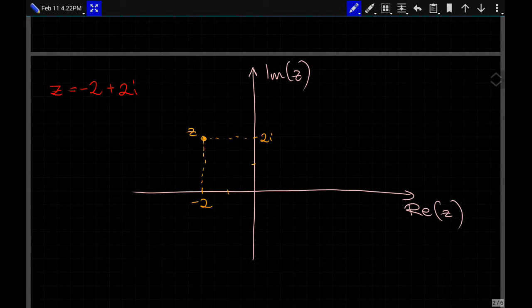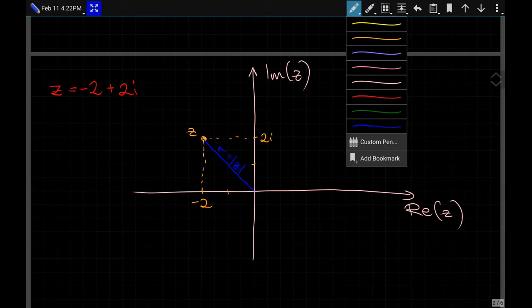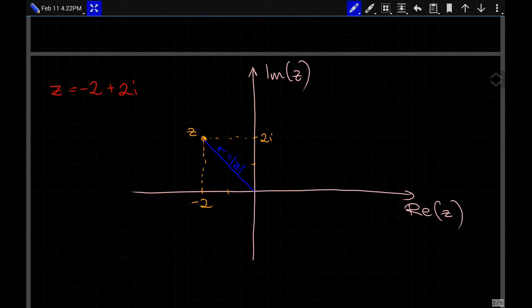Now, as we said earlier, r is the distance between the origin and our z, which can also be written as the absolute value of z. And then theta is this angle between the real axis and our z. So this is our theta.